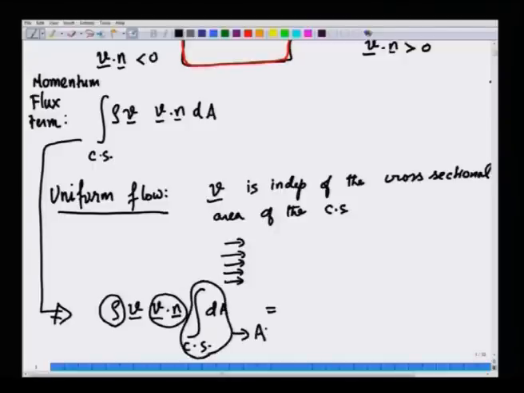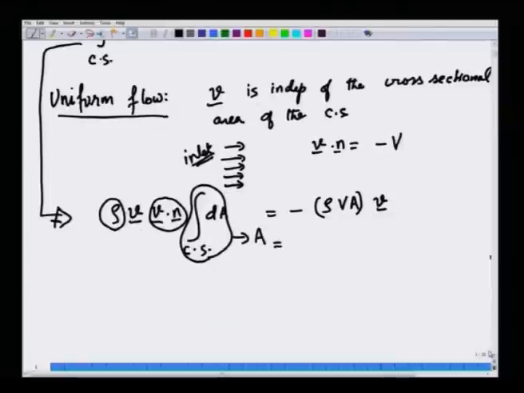Let us focus on, let us say, the inlet part of the control surface. So, v dot n is minus v, and this gives you minus rho v A times the velocity vector. The negative sign is because we are focusing on the inlet. Rho v A is nothing but the mass flow rate m dot, times v, the velocity vector.